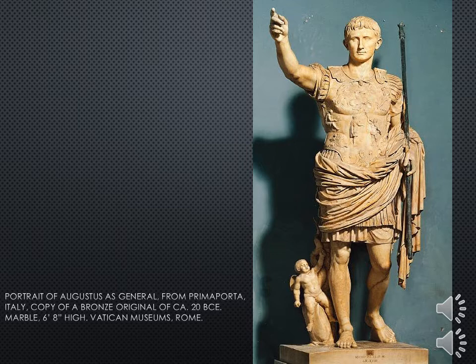Now, the theory behind a dictatorship was that it was a purely temporary position. The idea was that in times of strife, one man becomes dictator, he rules with absolute authority. Once the crisis is over, he will step down, and then we will resume our republic and the more democratic notions of government.